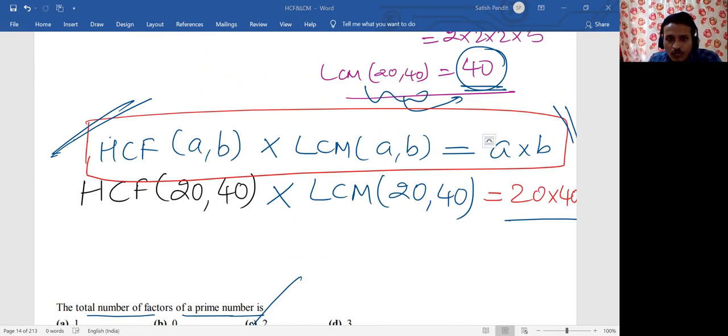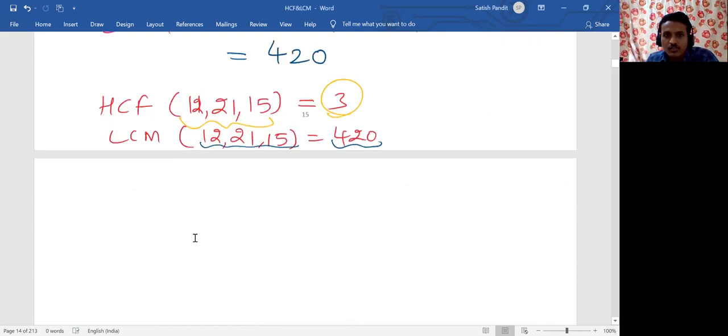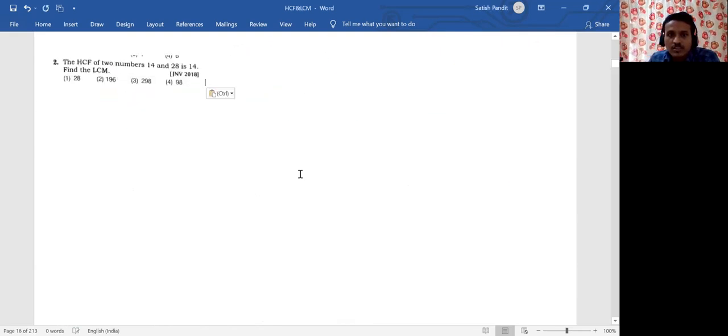Now let us solve a problem which was asked in the Jawahar Navodaya Vidyalaya examination. This problem was asked in the JNV examination. What they have given: the HCF of 2 numbers, 14 and 28, is 14.